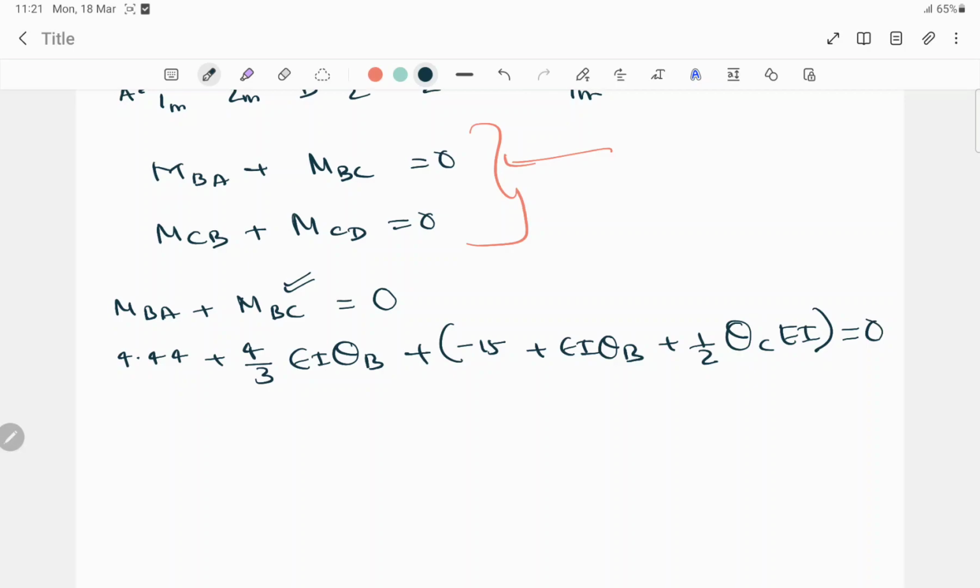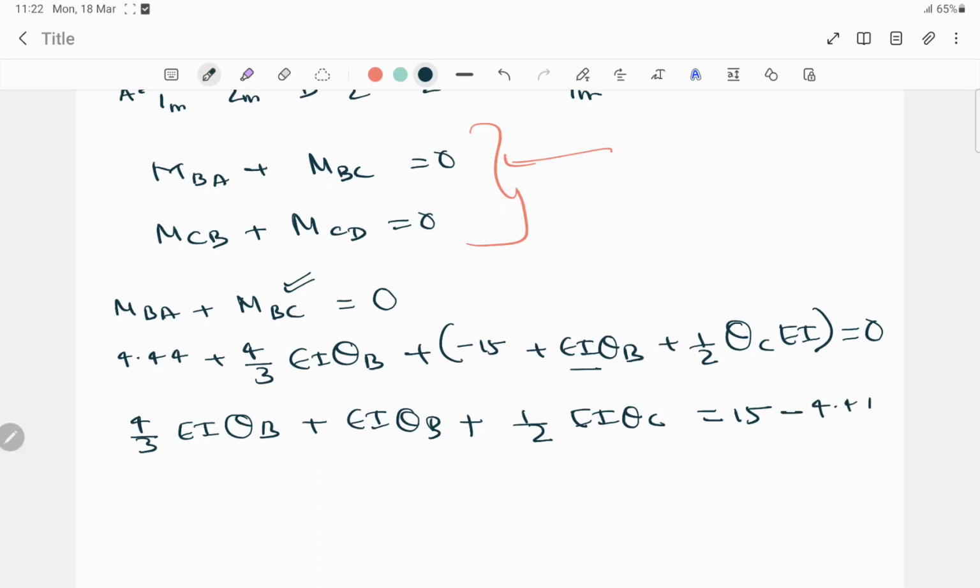So here we'll shift all the EI theta terms to this side. We write 4 by 3 EI theta B plus another EI theta B plus half of EI theta C is equal to 15 minus 4.44.